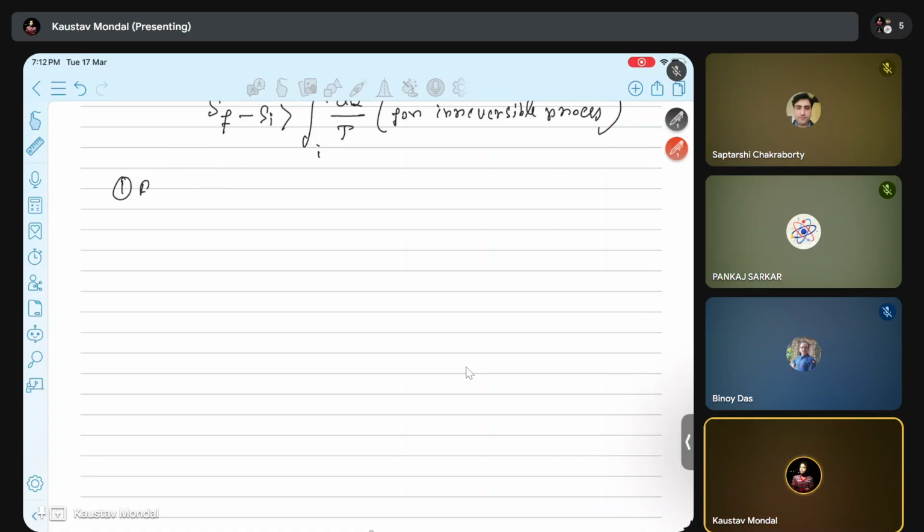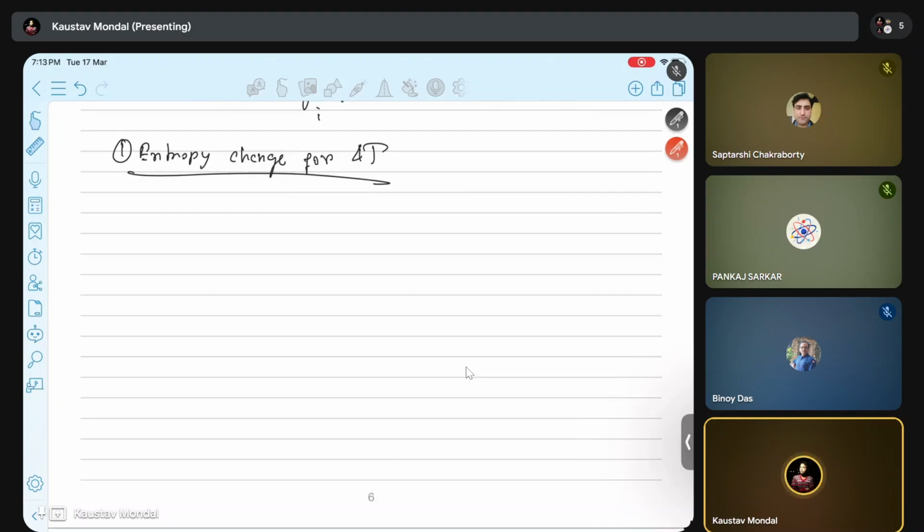So, entropy change for a temperature change. Suppose the temperature of a system changes from T1 to T2. What is the change of the entropy in that case? Delta S is basically the integral of dq by T, with temperature changing from T1 to T2.